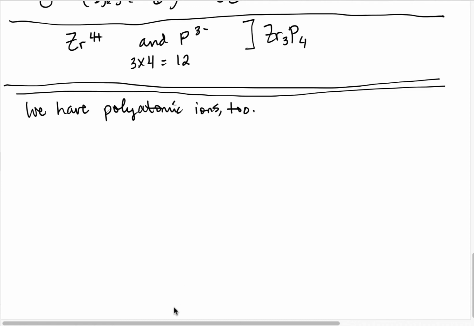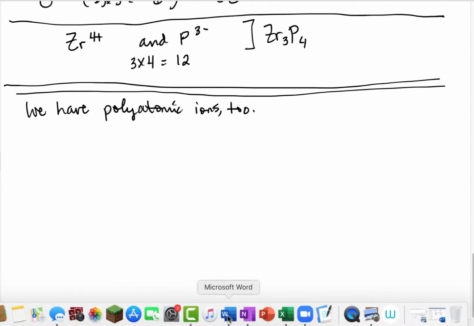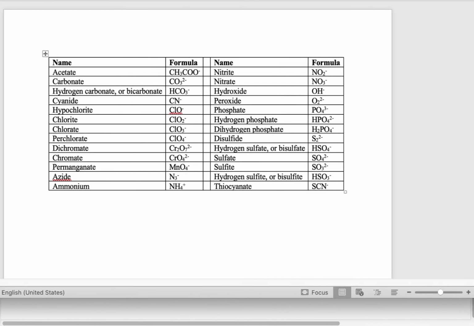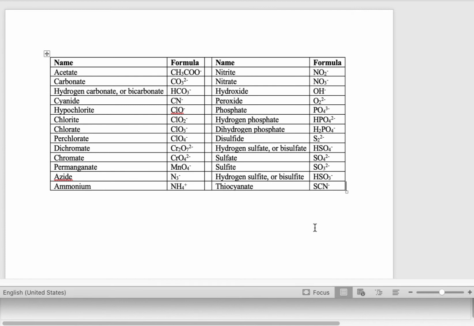So I'm going to pull up our table of polyatomic ions. Here it is. This table of polyatomic ions is the same one that is in the book. It's just that the book was a little more awkward for formatting for my video here.